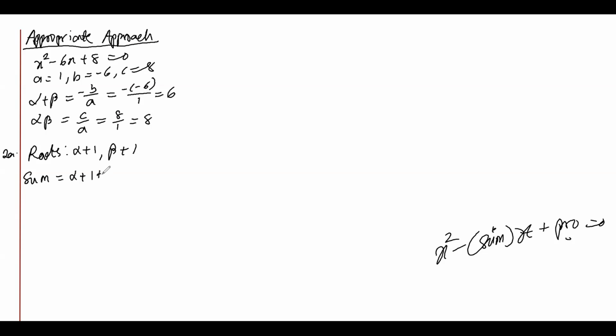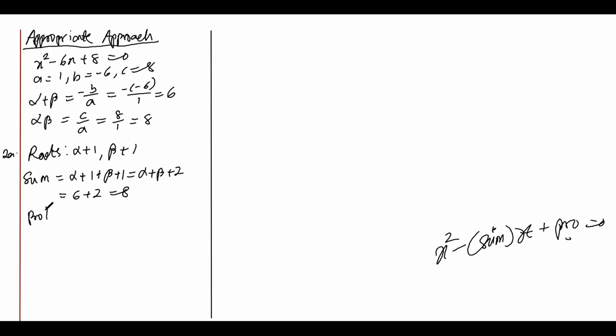So the sum is going to be that, which is collecting like terms. Am I right? So which is going to be alpha plus beta is 6 plus 2, and this is 8. Then the product, alpha plus 1 times beta plus 1.